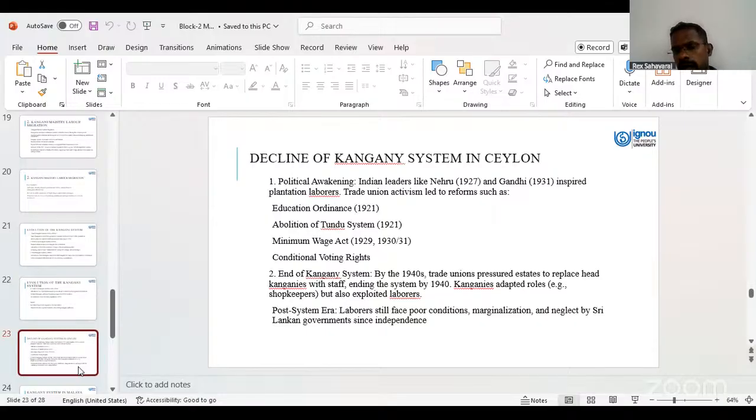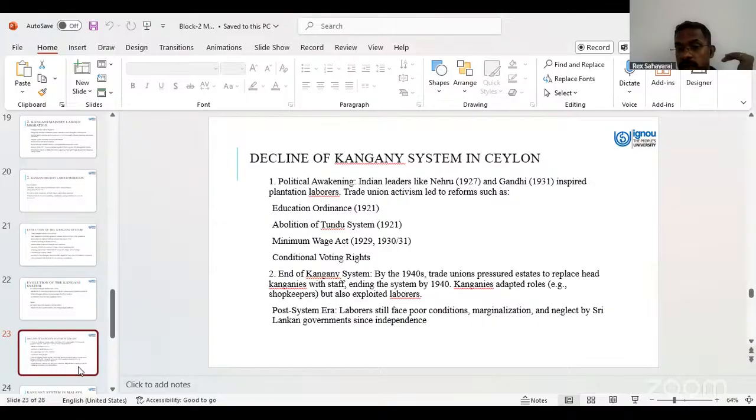Okay, so the Kangani system declined due to various laws that had taken place, because the Kanganis were able to control the laborers and take over the system, right? So the political awakening, with Indian leaders like Nehru and Gandhi, inspired the plantation laborers. The trade union activism led to reforms such as the education ordinance, abolition of the Tundu system, the minimum wages act of 1929, and conditional voting rights. Okay, so the end of the Kangani system took place by the early 1940s.